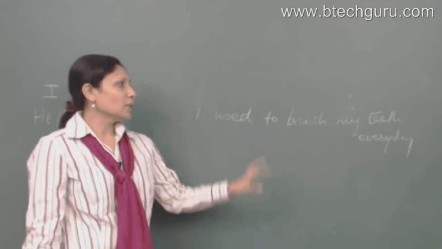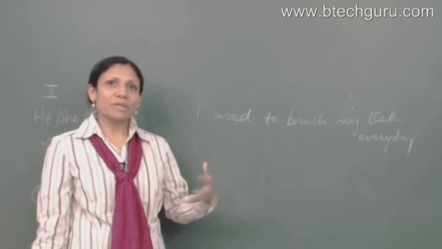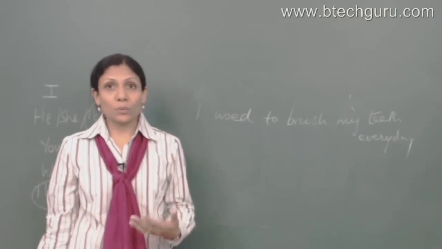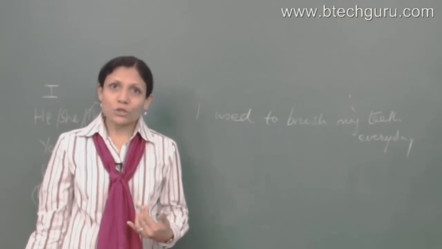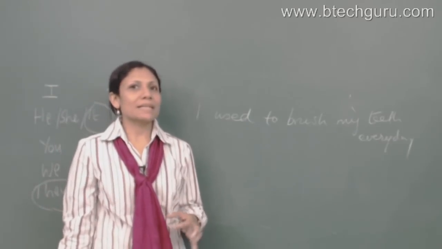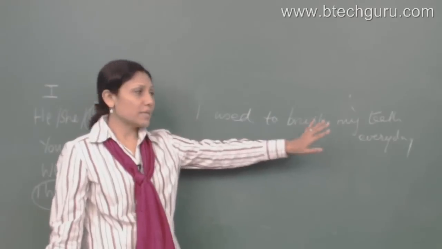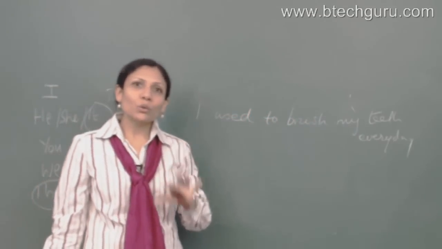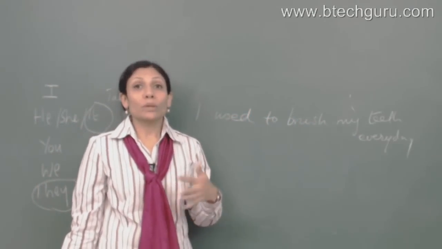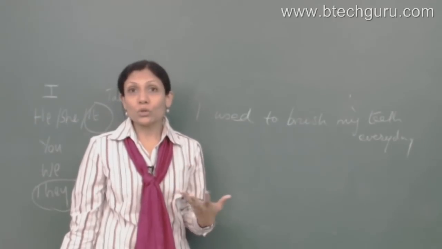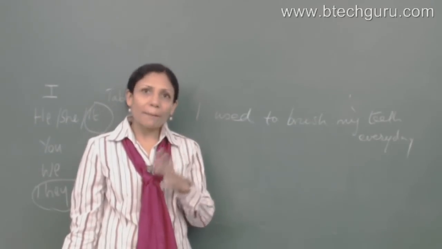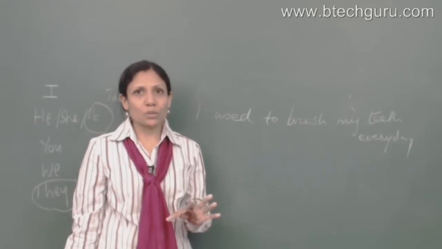Remember, when we are looking at everyday actions, what was the tense that we needed to use? We needed to use present tense, which means that we need to say, I brush my teeth every day. Now, used to, we don't need to use it at all. We tend to find a lot of people saying used to for current actions or habitual actions, but we don't really need to use it at all.